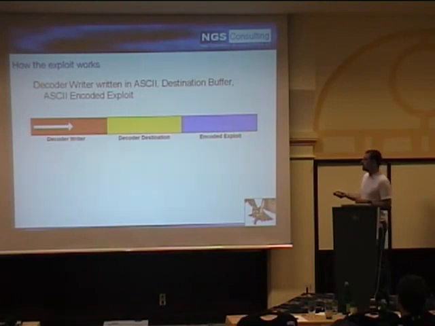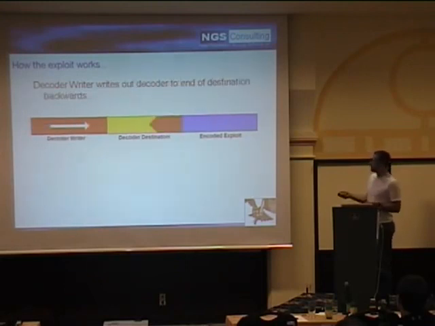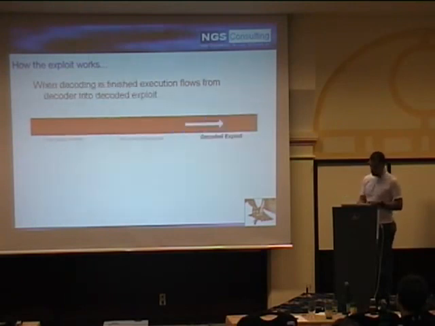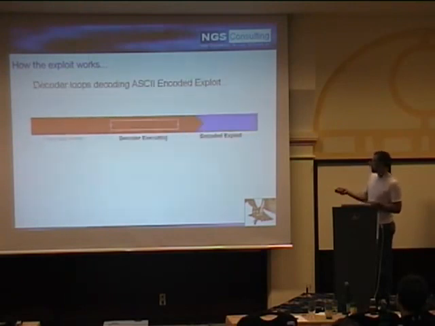So the exploit, when it begins, has the decoder writer, a buffer, a destination for the decoder when it gets written out, and the encoded exploit. So when the decoder writer executes down this way, it starts writing the decoder out this way. So eventually, the two join. And when the two join, execution continues from down here onwards. And obviously, the decoder, all that it does basically is loop decoding this stuff here.